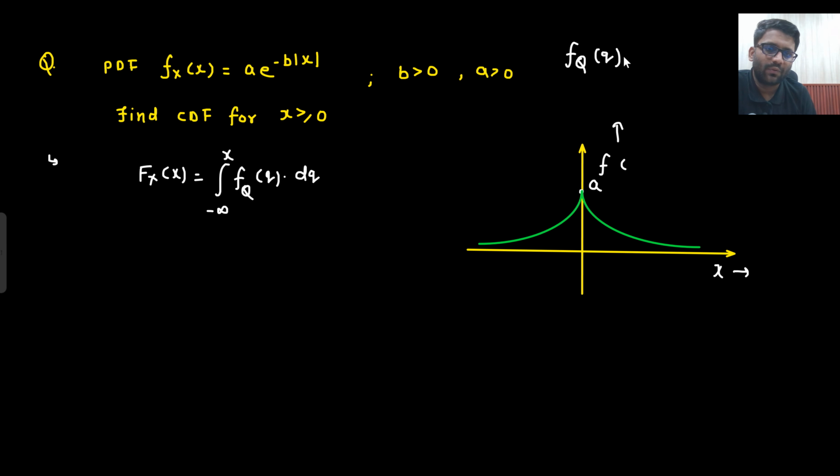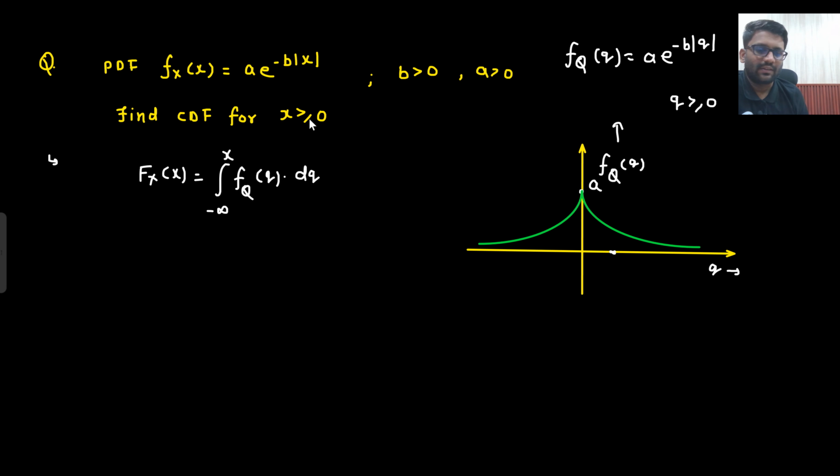That would be equal to a e to the power minus b q. You need to find the CDF such that x is greater than 0. That means I need to find the CDF such that q is greater than or equal to 0. So this is my q.